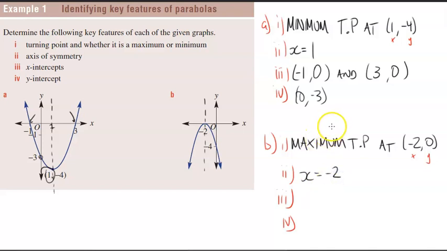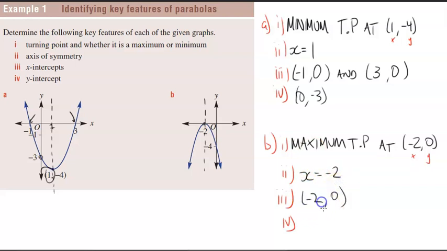We have our x-intercepts. So the x-intercept is where it cuts through or touches the x-axis. In this case here, it only happens in one spot, which is right here. So this will happen when y is equal to 0.